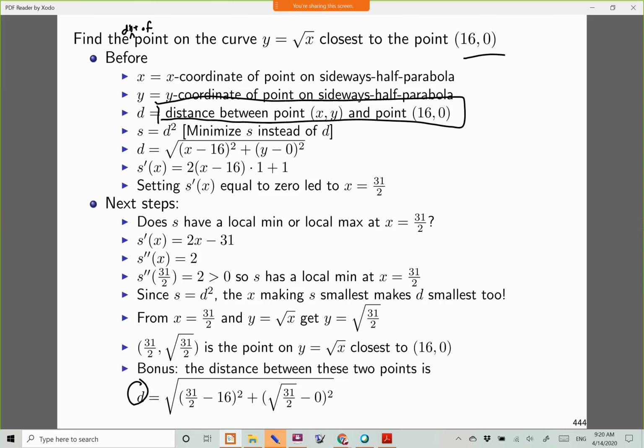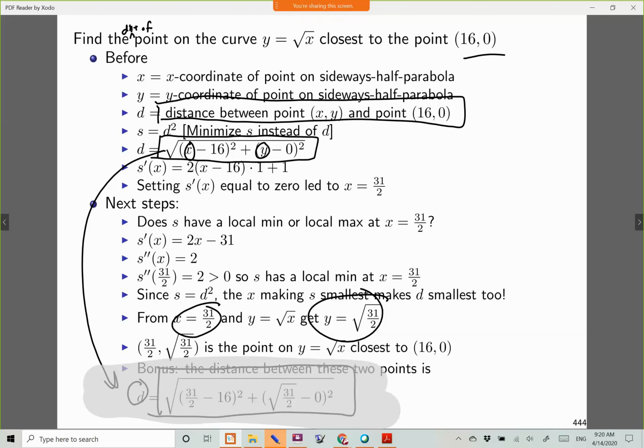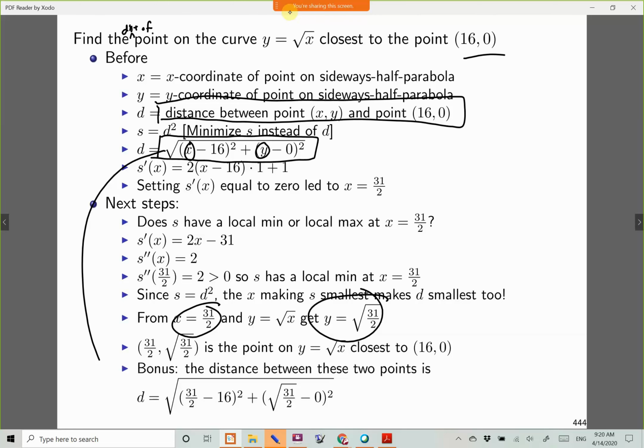Again, it goes back to what all the variables meant. You can take this and plug in for the x what we had over here, and for the y what we had right there. So I just plug those things in, and that right here is the distance between the points. That wasn't what was asked, but if the final question up here were a little different, you can answer that question as well.